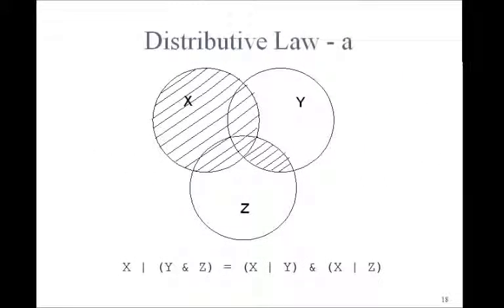Well, you can prove these by just looking at the Venn diagrams again. Look at x OR (y AND z). Well, y AND z is the overlap. It's this football here. And if we add that to x, we get the total hatched area here. Is that the same as the right-hand side? Well, what's x OR y?